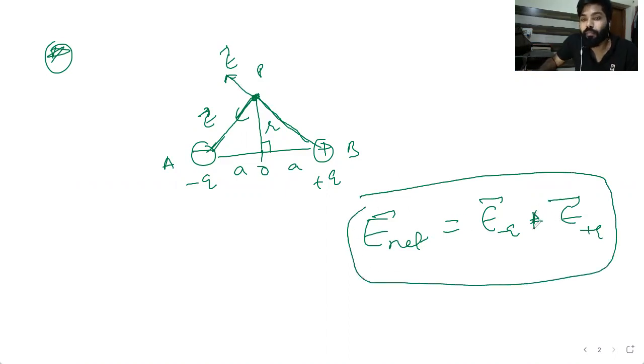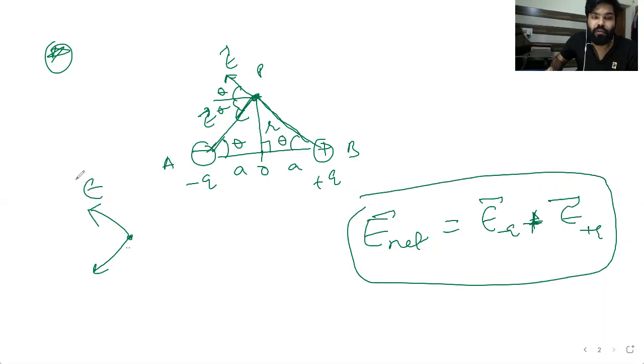Assume this angle be theta, and this is theta by alternate angles. Simple geometry. Now I am writing the electric field over here to simplify the expression. Each electric field be E, and the angle is theta.